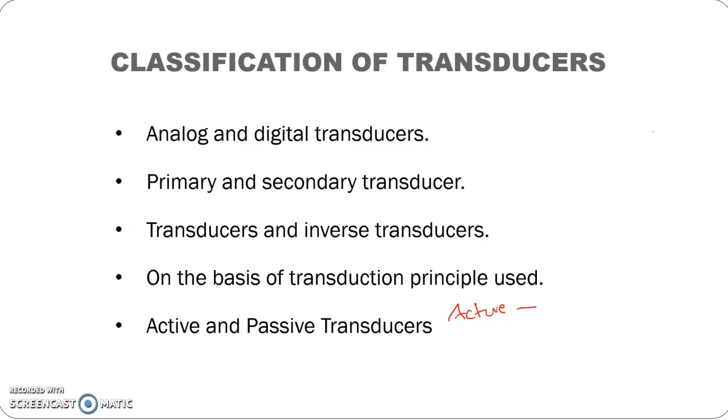Then piezoelectric crystals are also used. In that, the change in force is producing an electrical output. And of course, thermocouples are also used as active transducers, in which the change in temperature between two junctions is actually generating electricity. But this generated electric signal will be very, very weak. That's why we need amplifiers along with these kind of instruments.